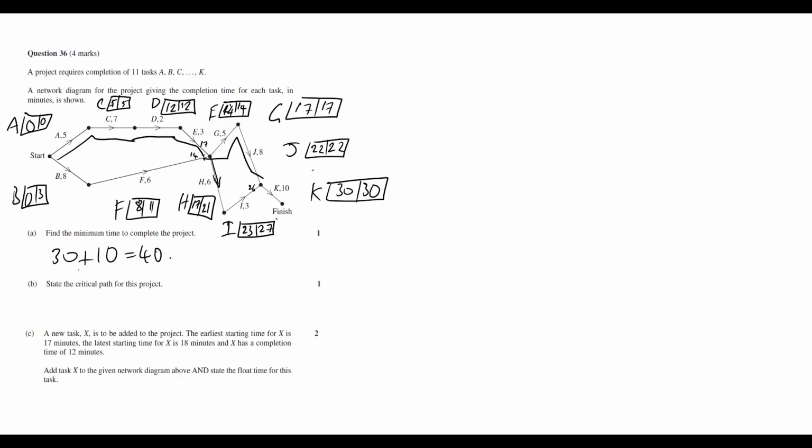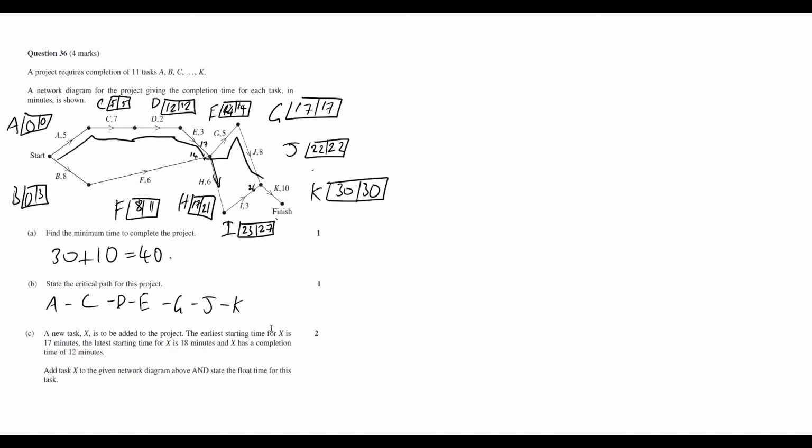So what you should be doing to really showcase this critical path is just writing out the different vertices and path names. So it's A, C, D, E, G, J, K. Okay, and there we go.